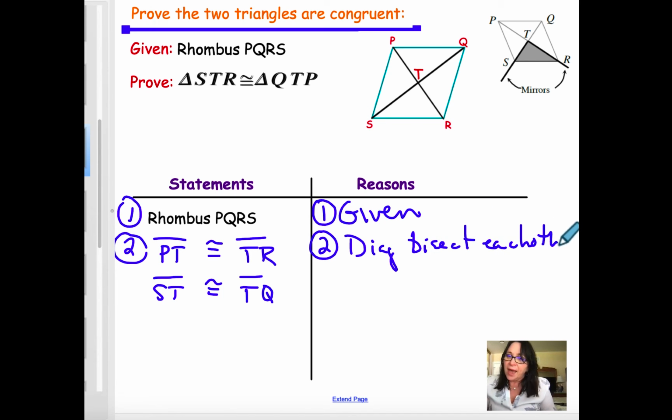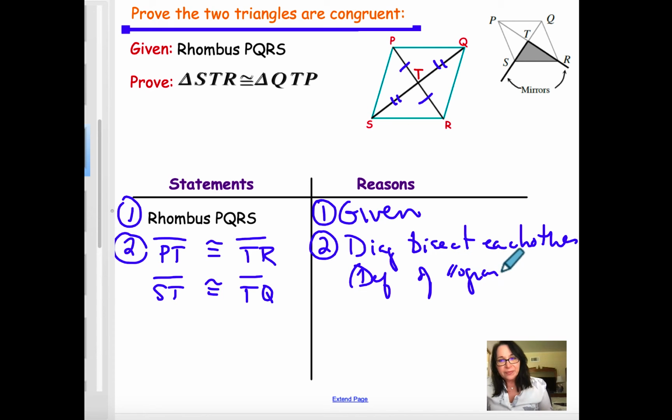The reason for that is the definition of a parallelogram: the diagonals do bisect each other. That's one of our definitions of a parallelogram.